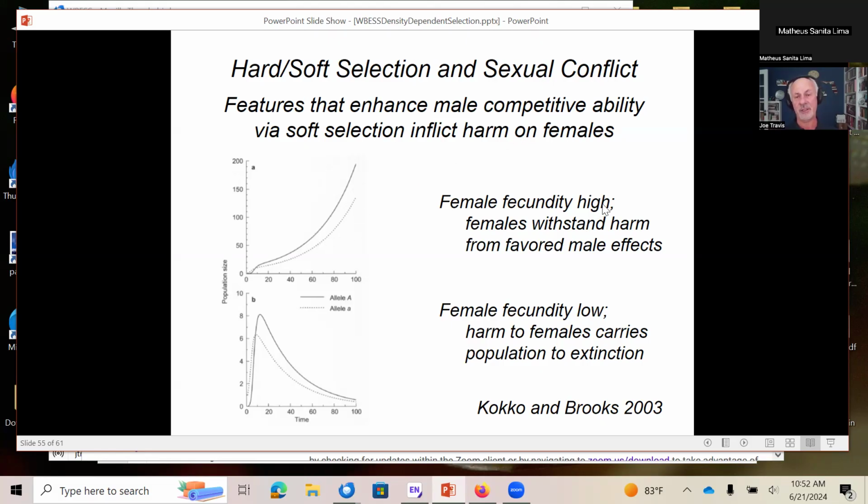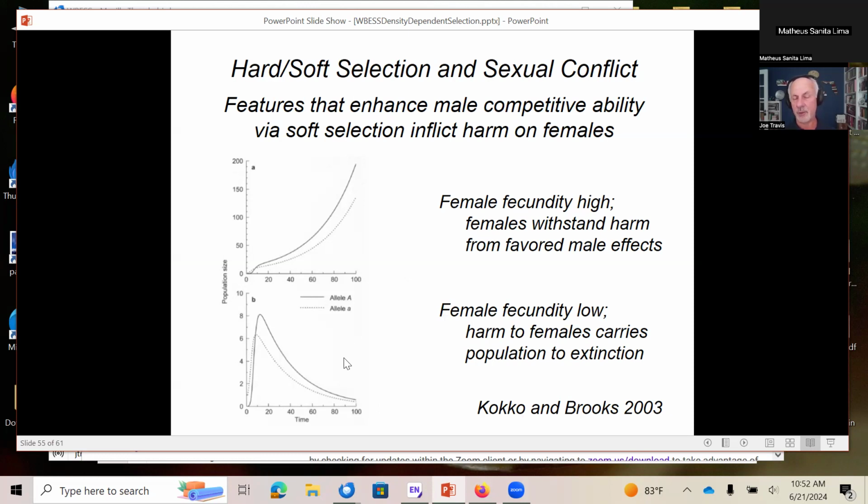Now, when female fecundity is high, this kind of effect that I showed you in the last slide, females can withstand the harm from the favored male effects. It's not a big deal. But when female fecundity is low, the increasing frequency of the harmful male can reduce female fecundity and carry the population to extinction, what Coco and Brooks call evolutionary suicide.